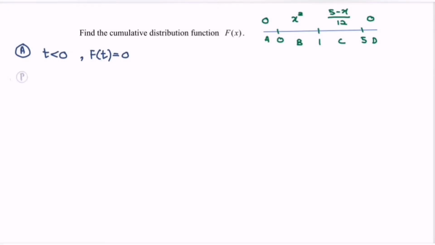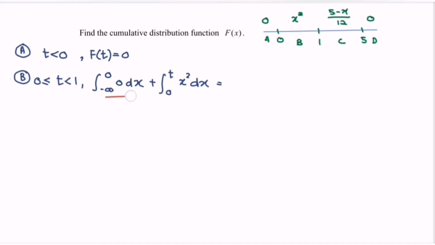Focus on the second part, B. The domain will be t greater than or equal to 0 and less than 1. So the function will be integrate negative infinity until 0 for the function 0 dx, plus integrate from 0 until t for the function x squared with respect to x. So kindly integrate the situation.